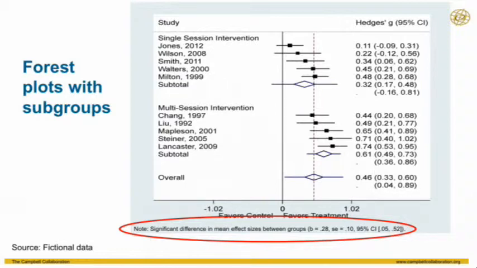Can you visualize that? The question is, can you visualize whether there's a significant difference? Typically, what people will do is compare the confidence intervals for the two subgroups to see if they overlap. That's actually not always going to be true. It's quite possible that the confidence intervals will overlap, but there is a significant difference between the two groups.